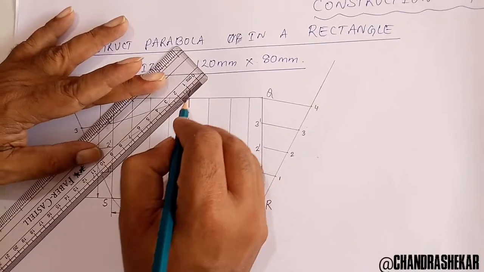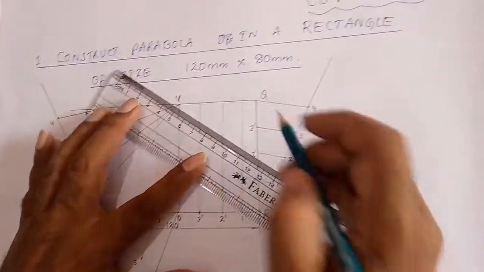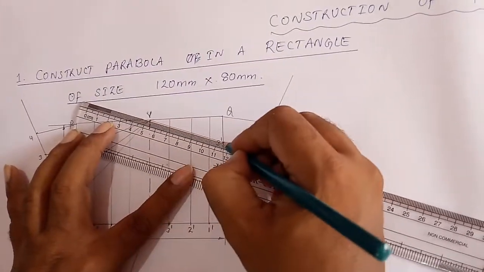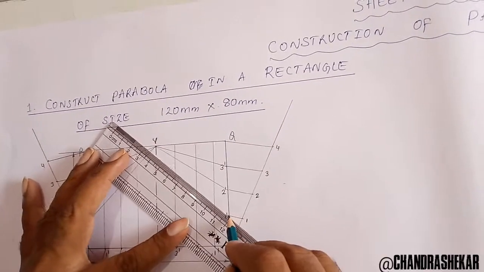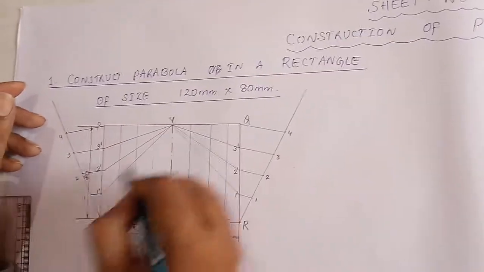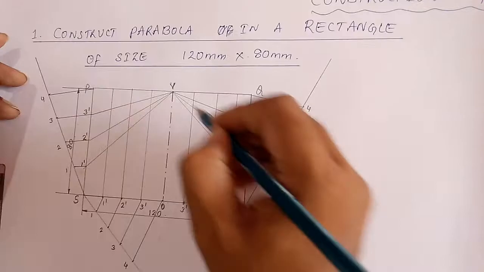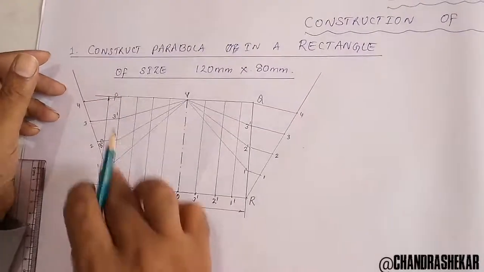Join V to 1 dash. Similarly, join V3 dash, V2 dash, V1 dash on the other side. Join all of these.